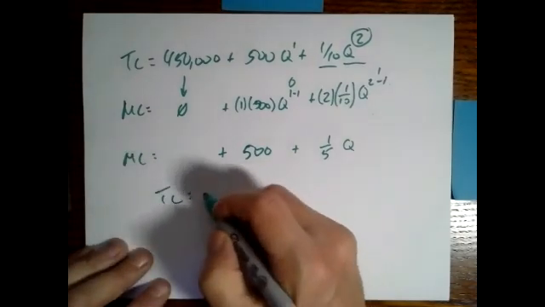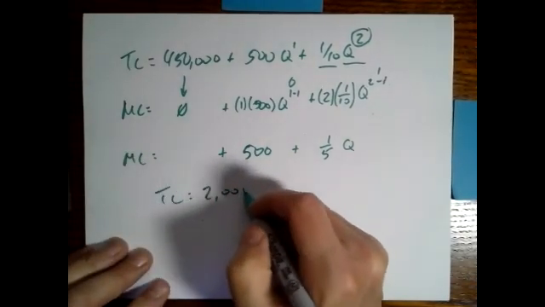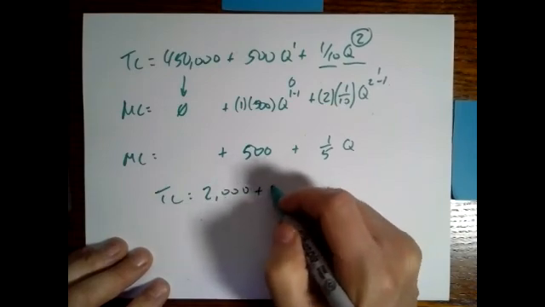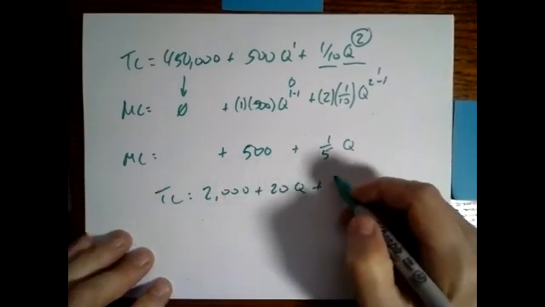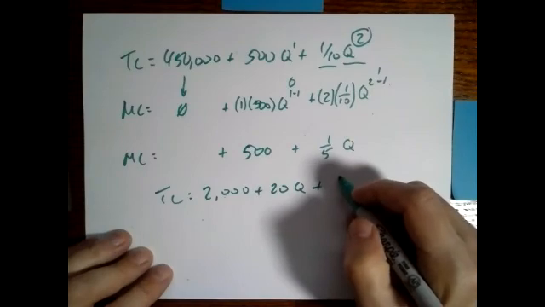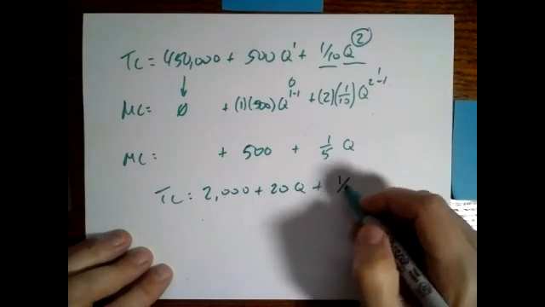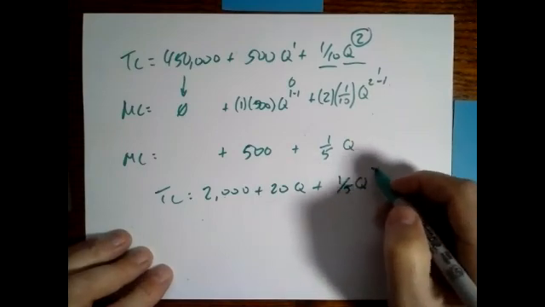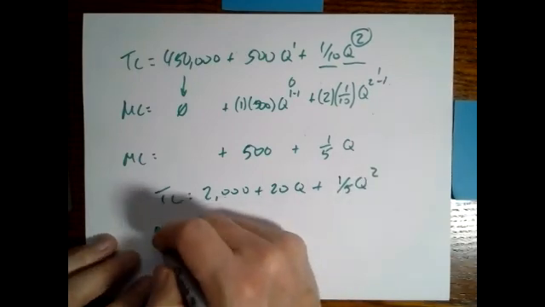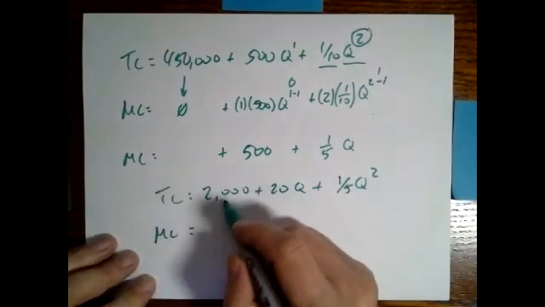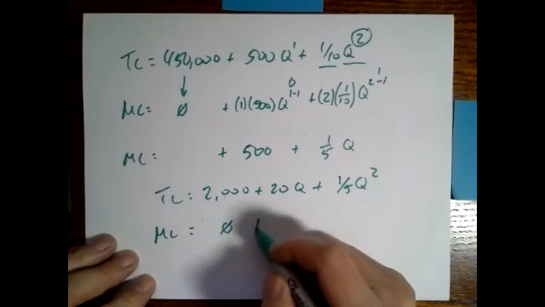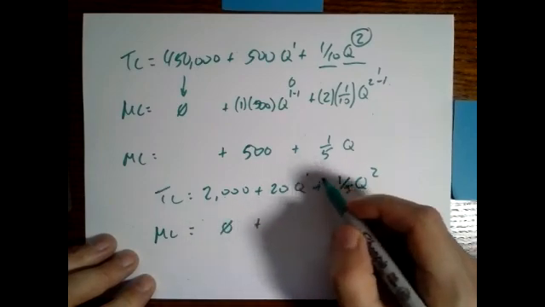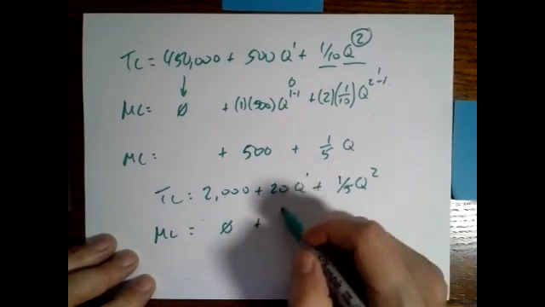Total cost is 2,000 plus 20Q plus 1/5 Q squared. So for marginal cost, we'll start working at this. The 2,000 becomes 0. 20Q is really Q to the 1, so Q to the 1 minus 1.